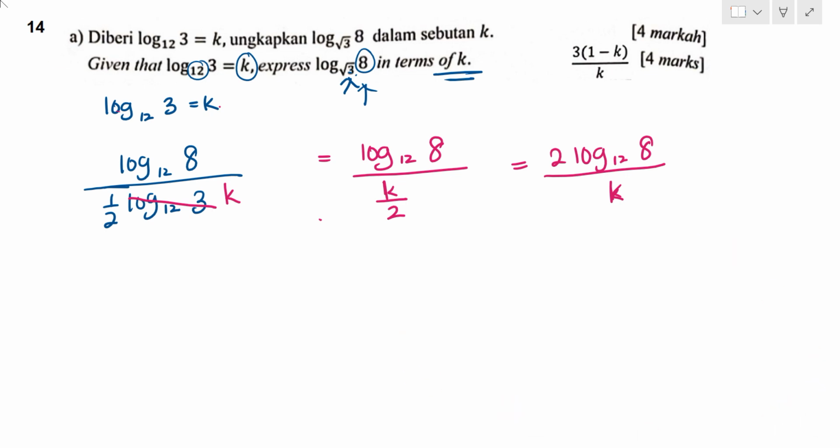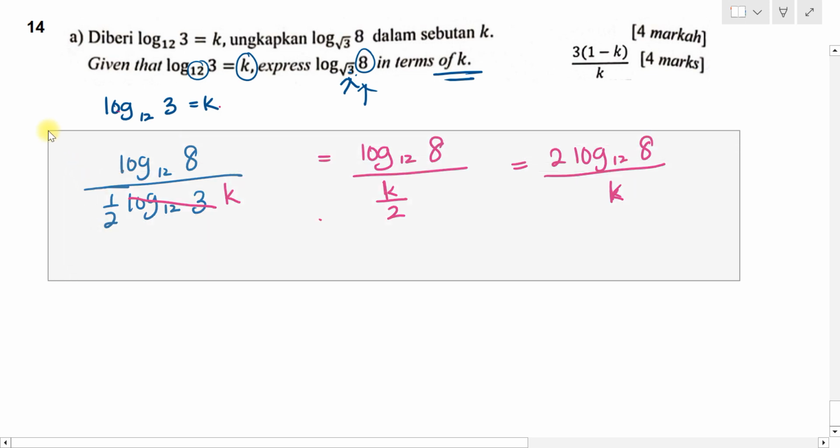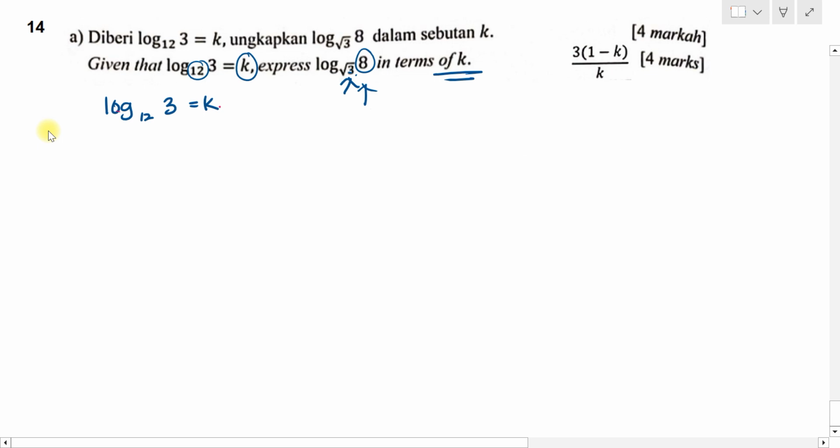So the catch, we cannot express 12 and 8 in the same base. So what can I do? Maybe I change my strategy again. Okay, they give you... Okay, wait.